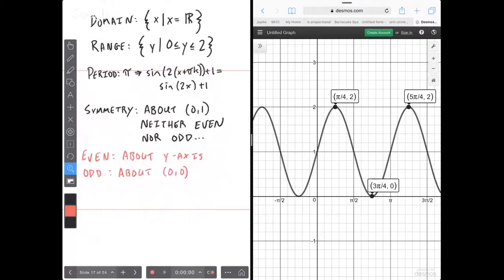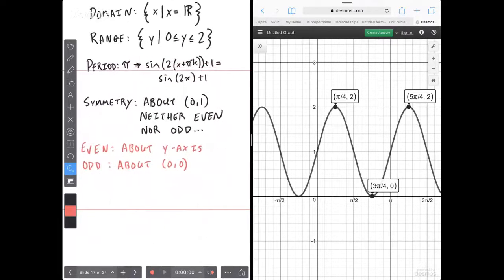Anyway, let's see. We did domain, range, period, symmetry. Should we do maxima, minima? Maxima, I see pi over 4 and 5 pi over 4.